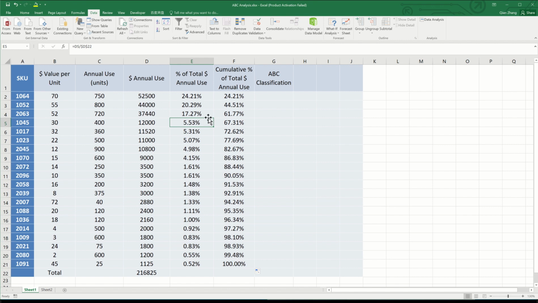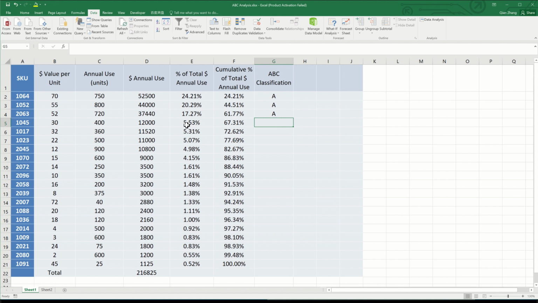So it has a big gap here. And if we take a look at the cumulative total dollar annual usage, it takes up around 60%. So we think the three SKUs here take up around 60% of the total values, so we can mark the first three into the A category.